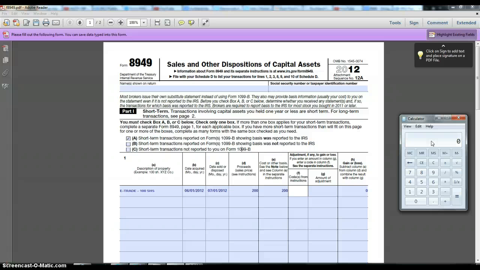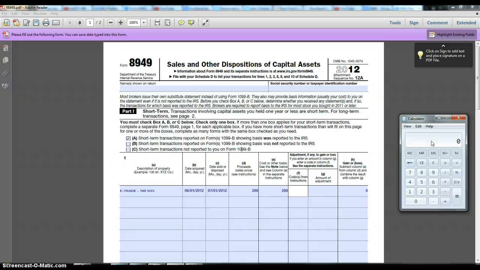So the essential part of this is that, at the end of the day, and I hate using that phrase, but I'll try to stop doing it, what you report as a gain is pretty much predetermined because the basis has already been known. So when you send this to the IRS and they're looking at the proceeds, that can be matched to see if the gain that you report on your tax return is also the gain that they would be able to corroborate with their records.